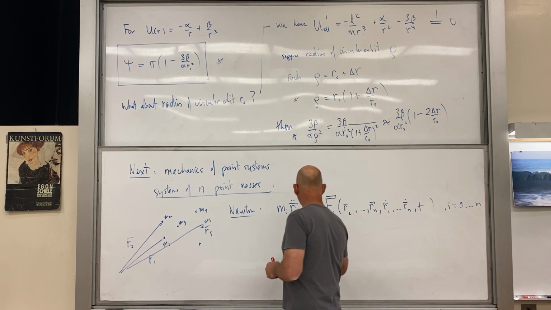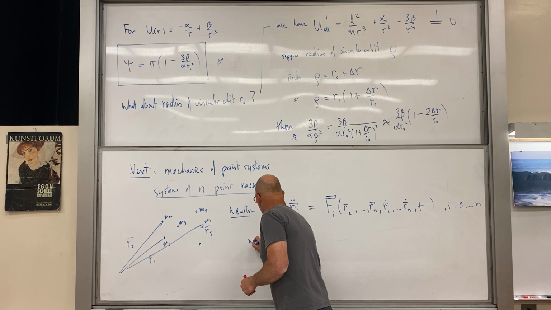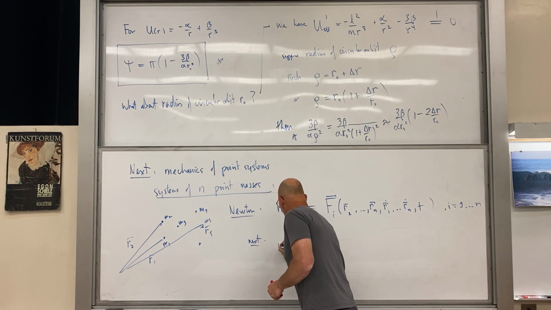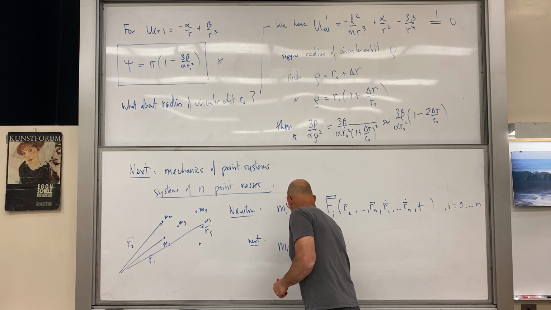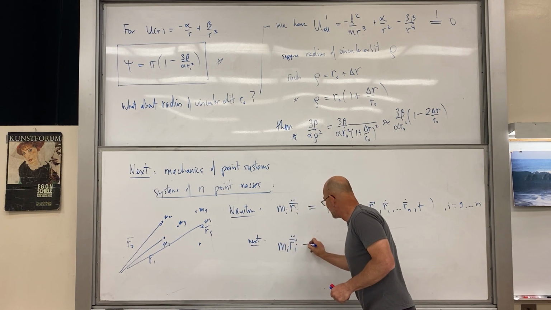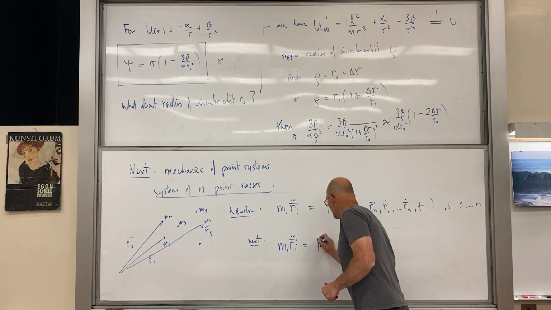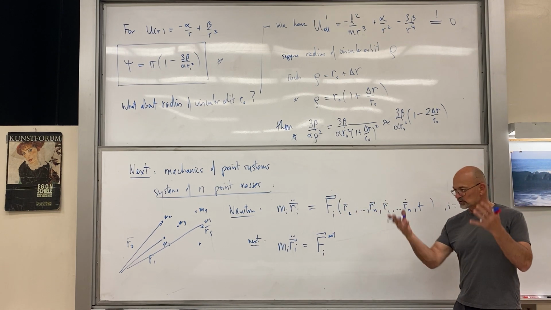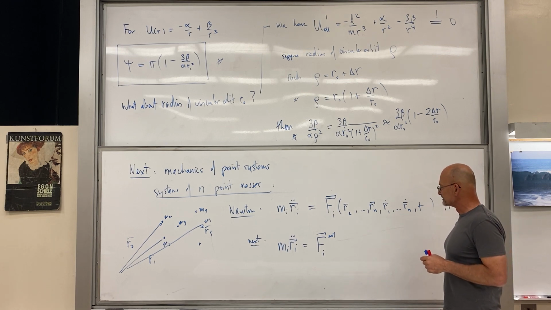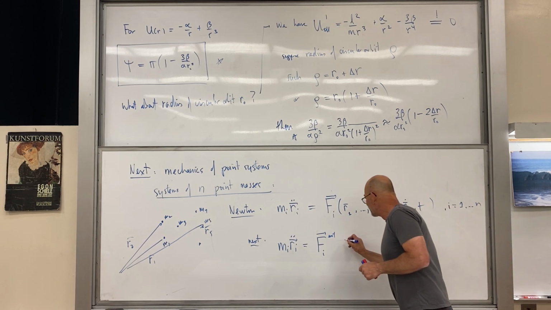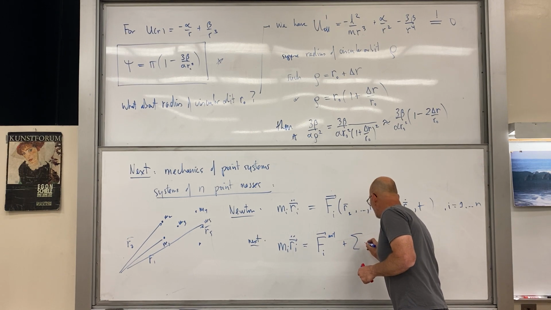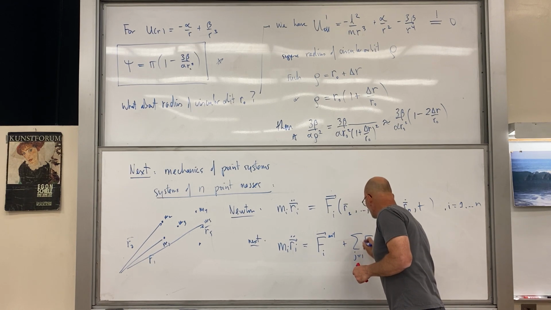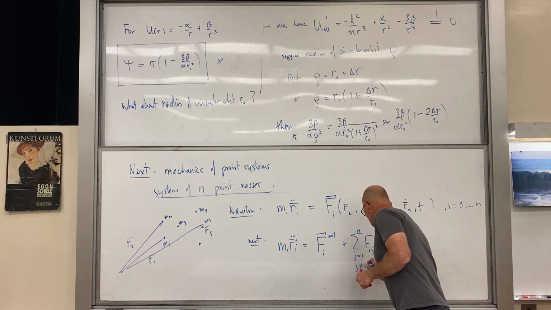Next, let's go ahead and break this up a little differently. We're going to say that the mass times the acceleration of the ith particle is equal to the force on the ith particle, which we're going to call the external force. The example was just, for example, gravity. It's going to be common to all of them, plus a sum of F_ij, j equals 1 to n, j not equal to i.